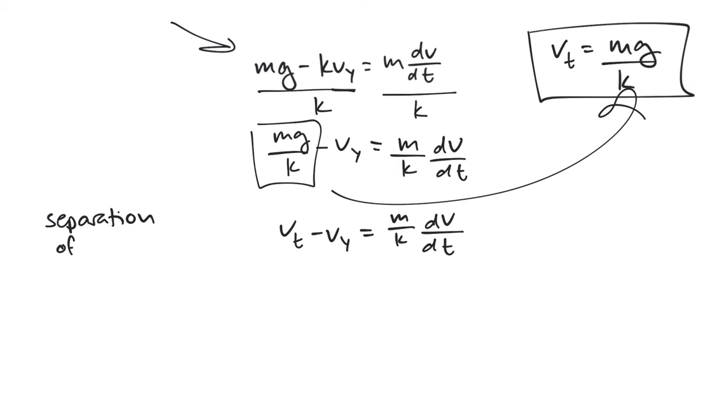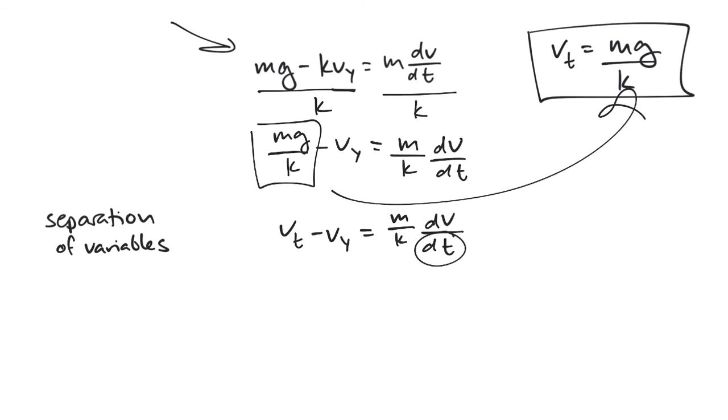Sorry, I can't write and speak at the same time. Separation of variables is a differential equations technique. You might have learned it in calculus before, but essentially what we need to do is get all of the times on one side and all the velocities on the other so we can find the velocity as a function of time. In order to do that, we can split up this derivative exactly like you would split a fraction.